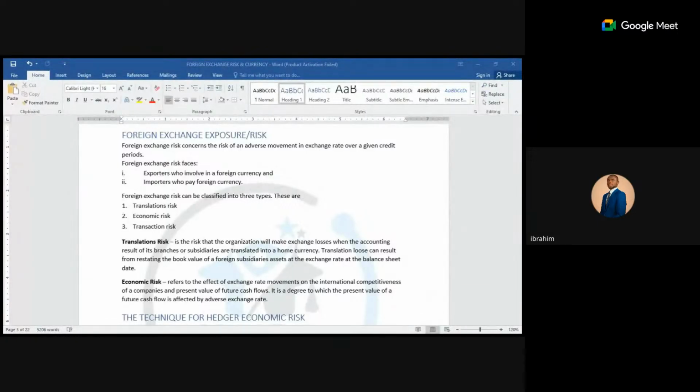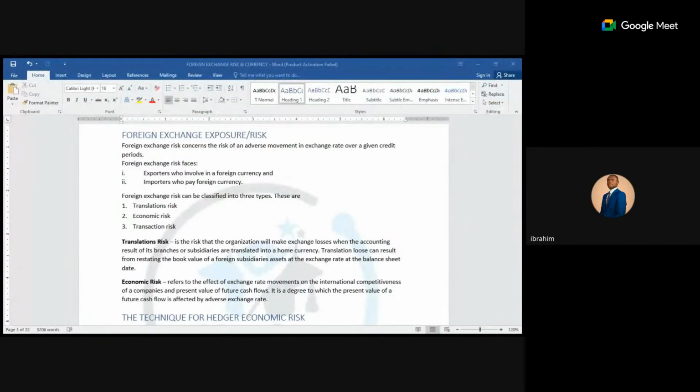Foreign exchange risk. Class, in the process of exchange of goods and services, there is a risk involved. The examiner may ask you to explain the translation risk, the economic risk, the transaction risk, maybe as the big part of the question.